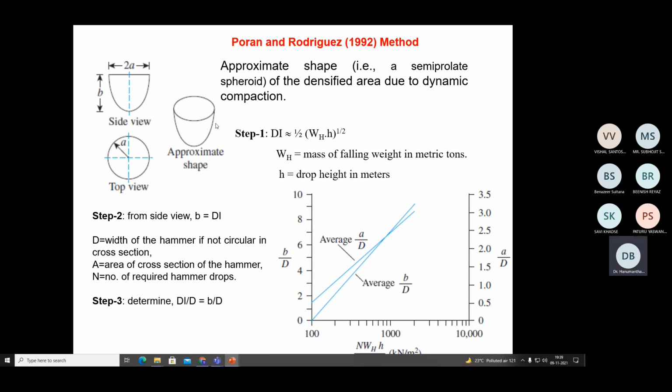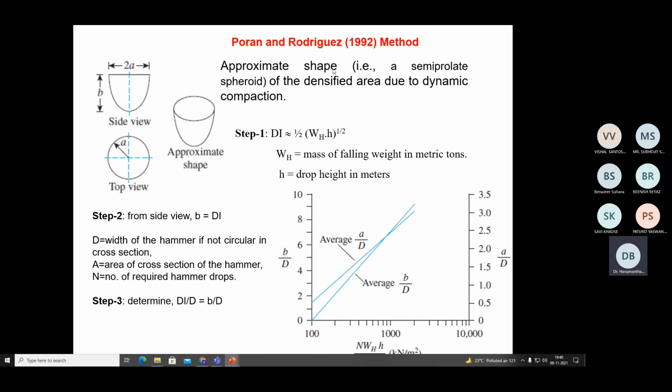This is the approximate shape of the impacted area. If you look at the top view, it is circular, while in the side view it is a spheroid or semi-prolate. The geometry has a diameter of 2A and a depth of B. These are the designations given by Poran and Rodriguez.